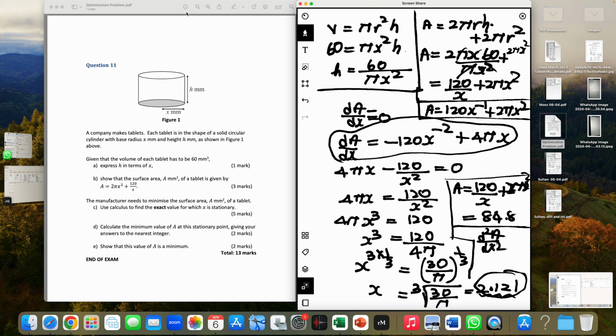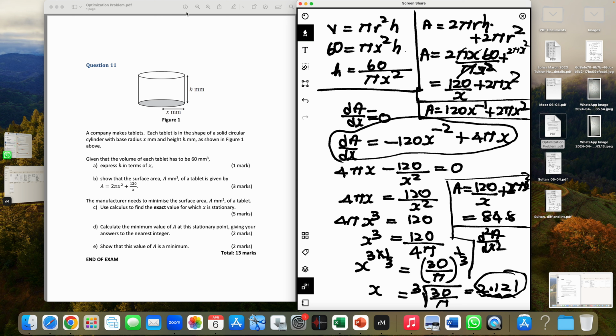What is the area? 2 pi r h plus 2 pi r squared. In the area there are two variables, r and h, and we want only one. So I am removing h, which we already found expressed in x.